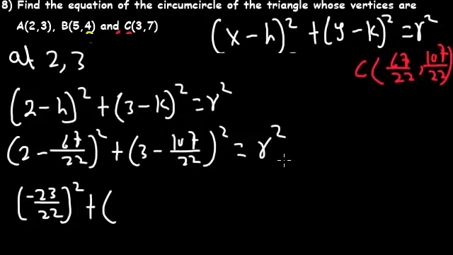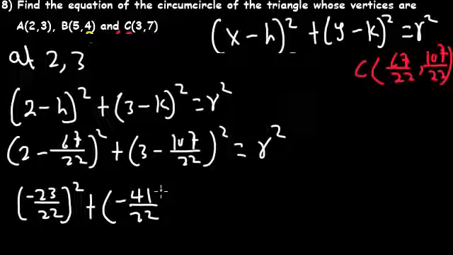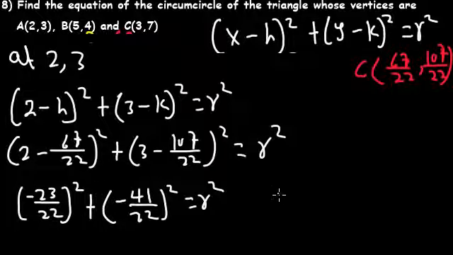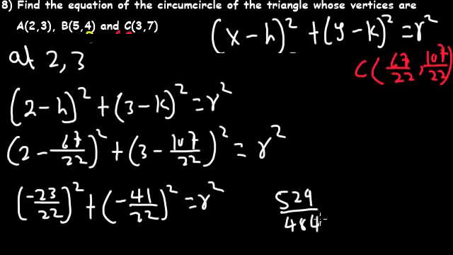Perfect. Now what about 3 minus 107 over 22? I got negative 41 over 22, all squared, equals r squared. Squaring negative 23 over 22 gives 529 over 484.